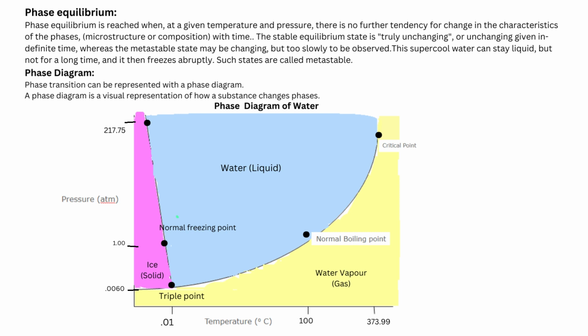Now you can see at 100 degrees Celsius, normal boiling point, 373.99 degrees Celsius, it is critical point, 0.01 degrees Celsius, it is triple point, and there is normal freezing point at pressure 1 atmosphere and around 0 degree Celsius. So this is the phase diagram of water.